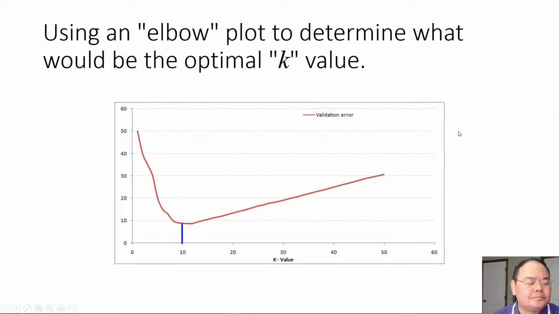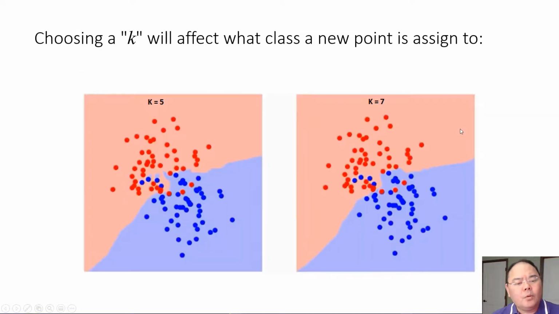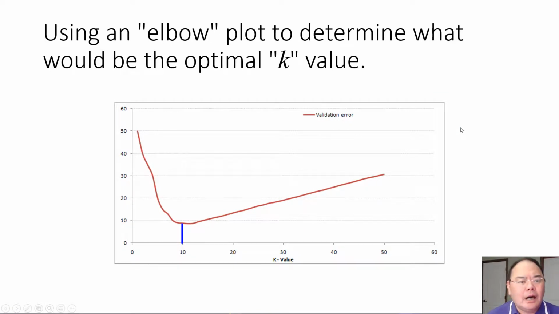All right. So the question now is, how are we going to determine the best k value in our model? Usually, for classification problems, we use an approach called an elbow plot.